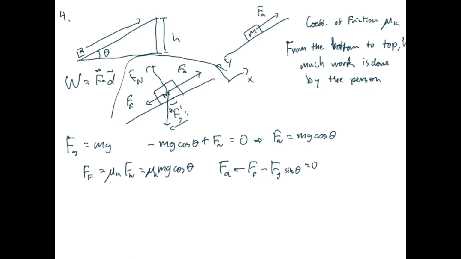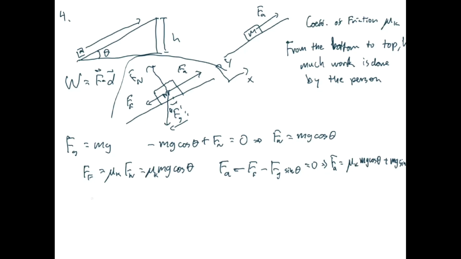So this now is equal to 0. And then we can find our applied force, which is actually mu k mg cosine theta plus mg sine theta.